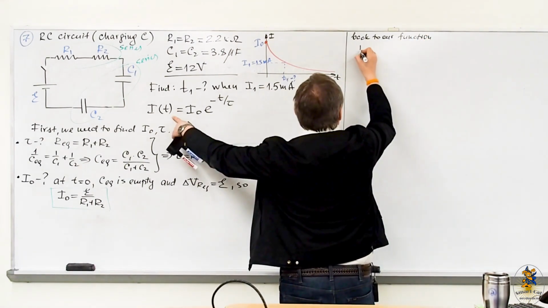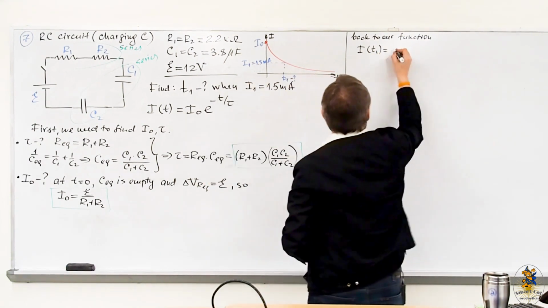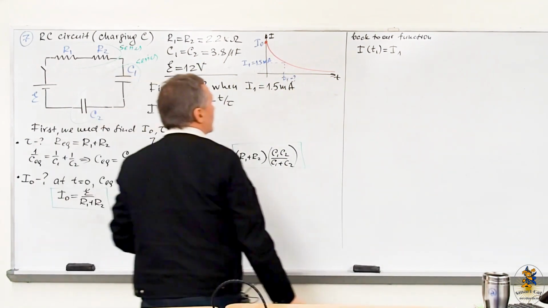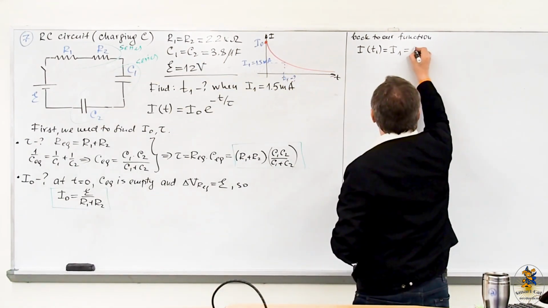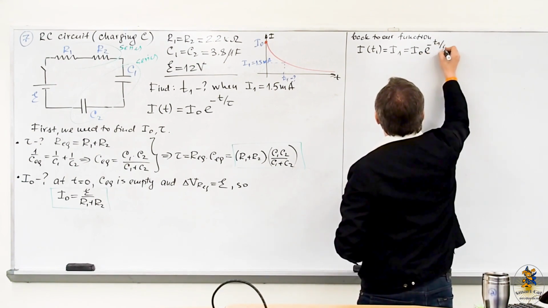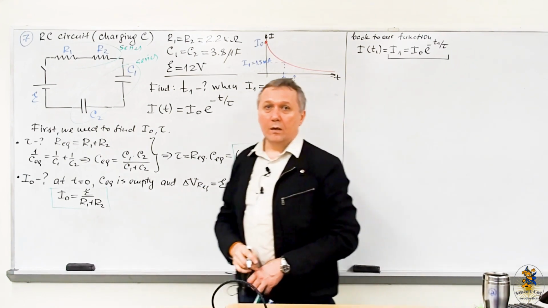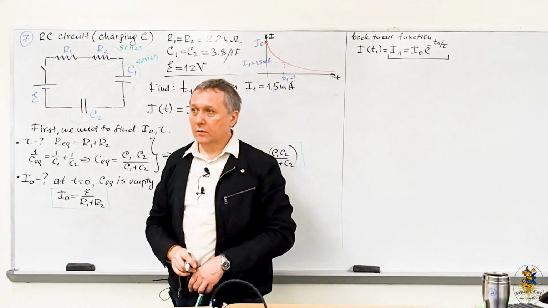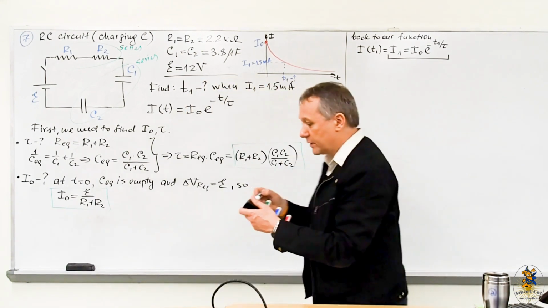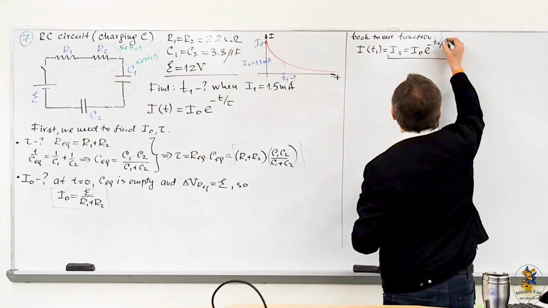So I at T1, which we label as I1, right? We know that it equals I naught, which we just found, times e to the power of minus T1 divided by tau. Only one unknown, T1. That's what we need to find, right? The rest was either given or we found.